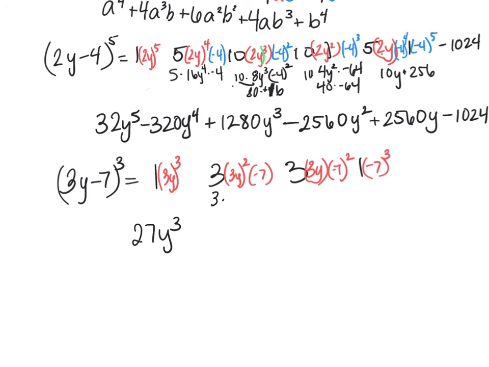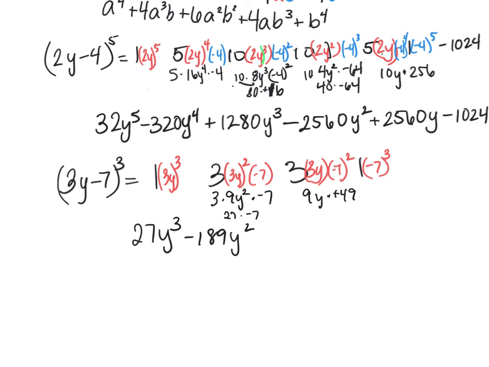That's 3 times 3 squared is 9. So 9y squared times negative 7. So that's 27 times negative 7. I'm going to break out a calculator here. 27 times 7. So that's negative 189y squared.